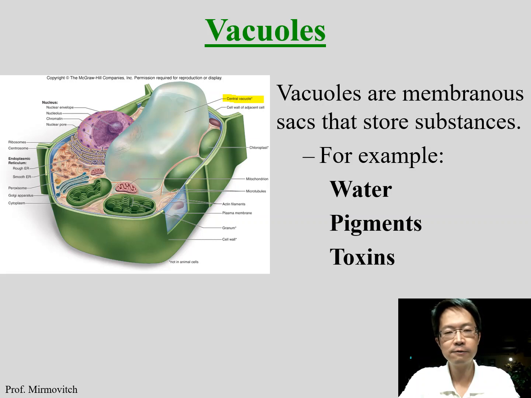Only plants have these gigantic vacuoles, but both have small vacuoles freely floating in the cytoplasm. They are for storing water, pigment, or even toxin.